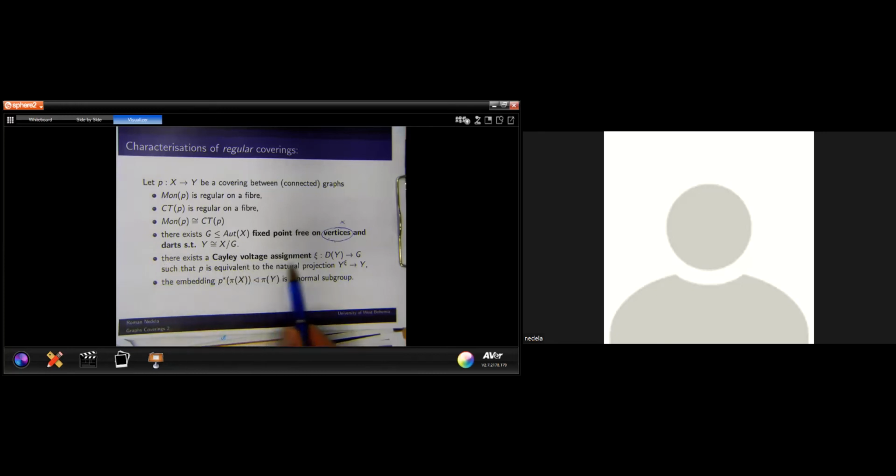Okay, for combinatorialists, the next equivalent definition is fine because it allows us to construct a big graph from a small base graph.